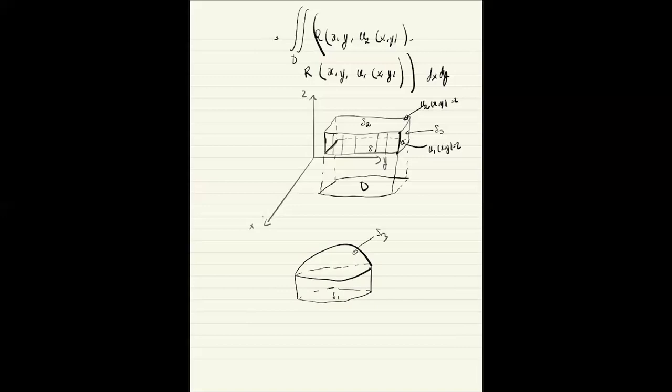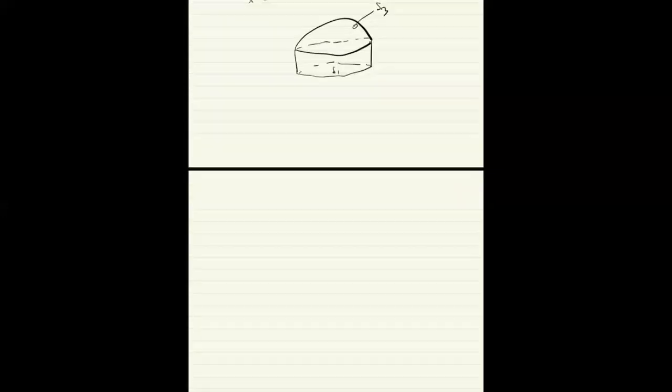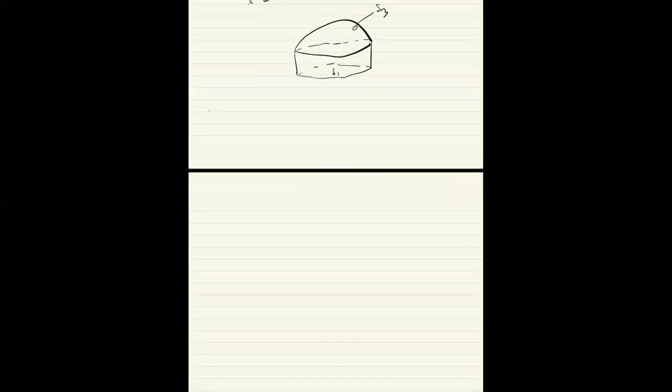The good thing about S3 is the normal vector: as I was saying, these are vertical lines, so the normal will be parallel to the XY plane. We will have no Z component, because we're describing this solid going upward from U1 to U2 in a vertical way. In case S3 exists, you're going to see it gives 0.